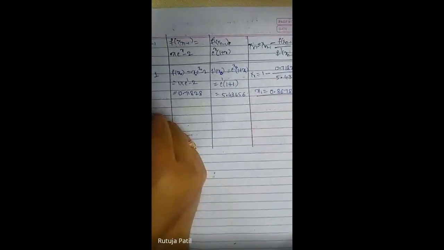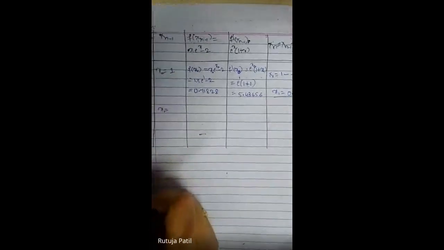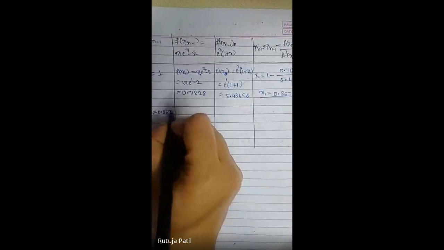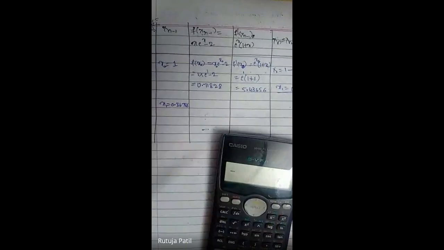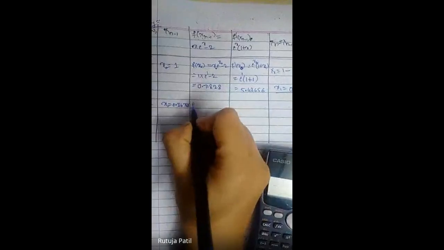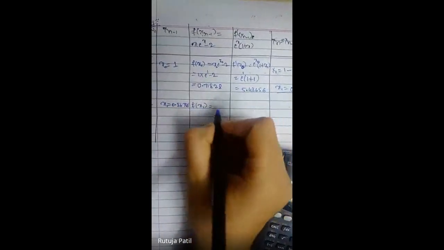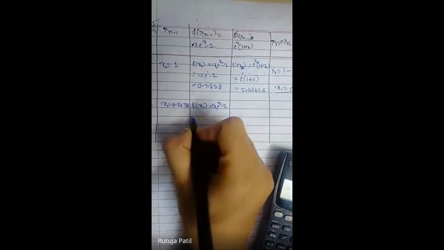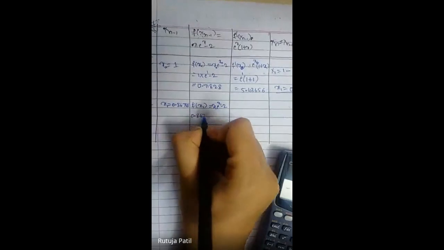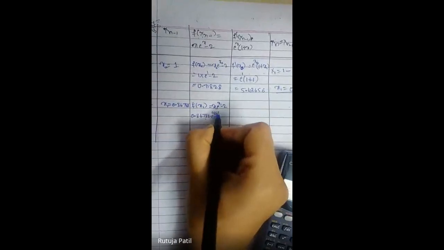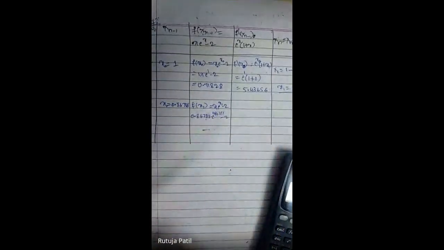Now next step, second iteration. We have x1 value, already found, that is 0.86788. Next step is to find f of x1. F of x1 is x1 e to the power x1 minus 2. X1 is 0.86788, so 0.86788 into e to the power 0.86788 minus 2.